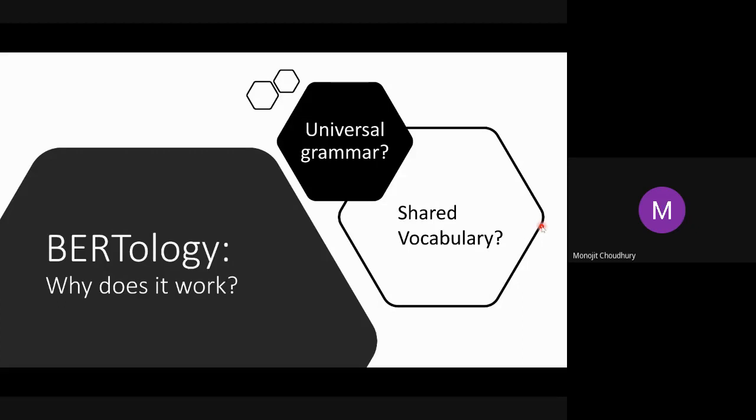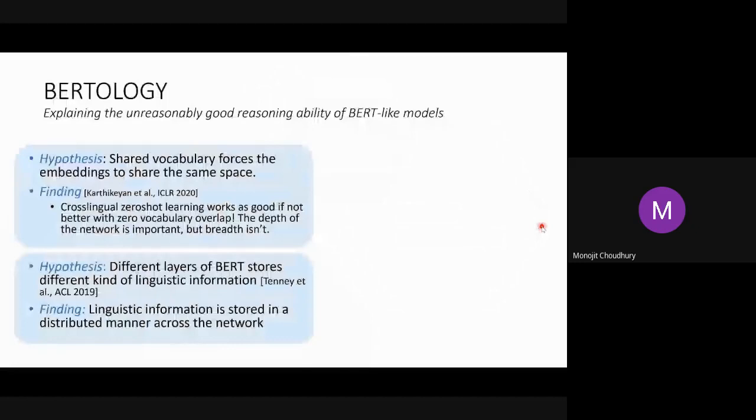So interestingly, there was this paper again in 2020 where they showed that shared vocabulary isn't necessary. What they did is very interesting. They took English and Spanish and mapped them into the same space. Now English and Spanish share vocabulary, so naturally it's not surprising that cross-lingual transfer works there.